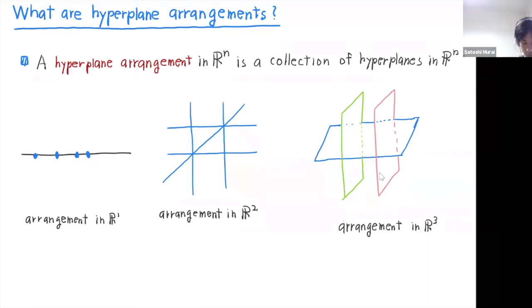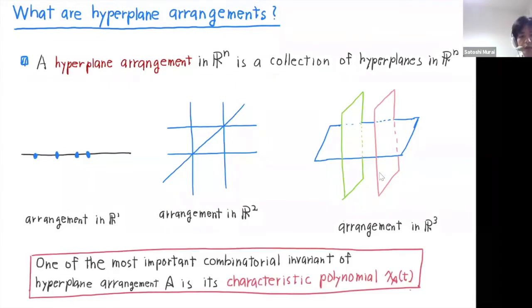In particular, if we consider the hyperplane arrangement, one of the most important combinatorial invariants is the polynomial which is called the characteristic polynomial. And in this talk, I want to explain mainly what a characteristic polynomial is.